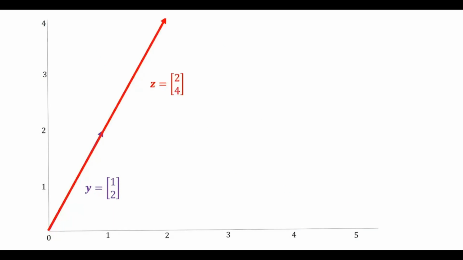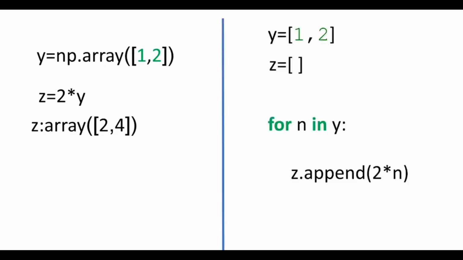After multiplying it by a scalar value of 2, the vector is stretched out by 2 units, as shown in red. The new vector is twice as long in each direction. Vector multiplication with a scalar only requires 1 line of code using NumPy. It would require multiple lines to perform the same task with Python lists as shown on the right side of the screen. In addition, the operation would also be much slower.